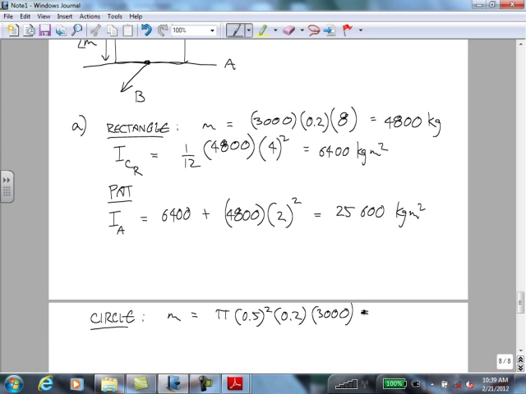That seems small. Oh, okay. 471.2 kilograms.